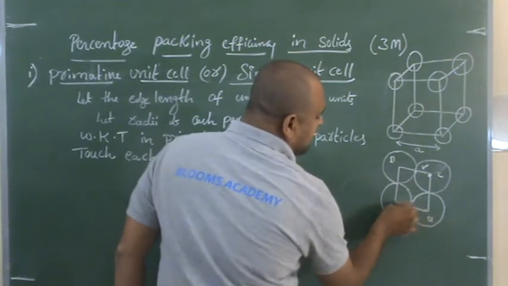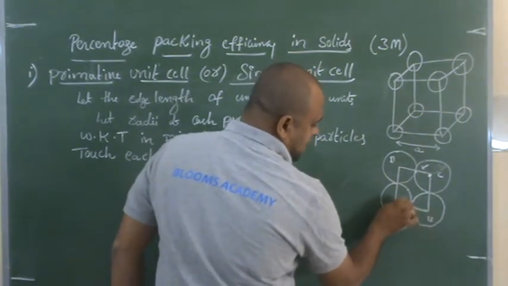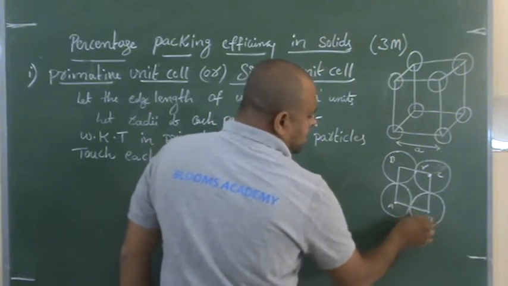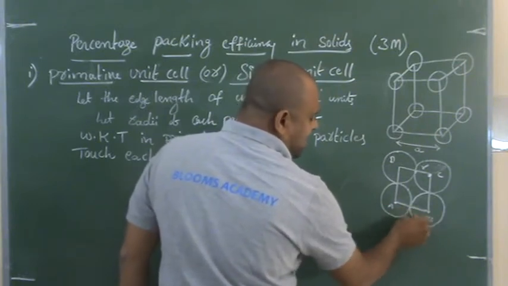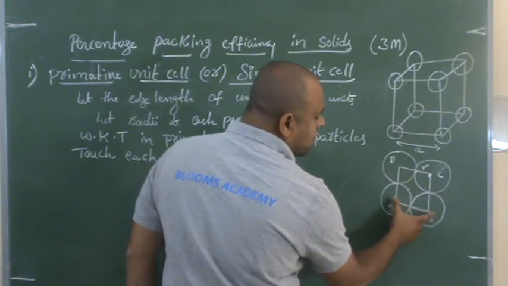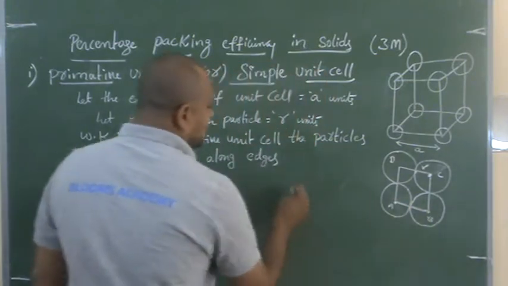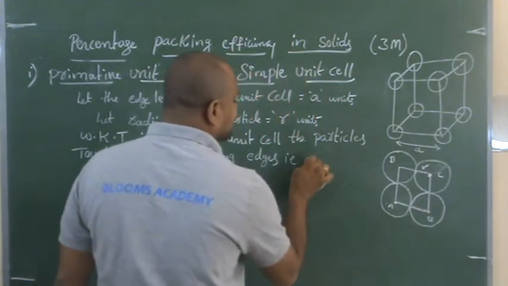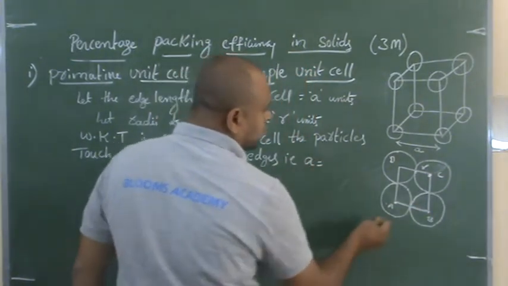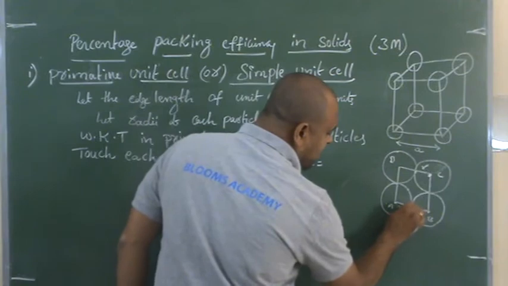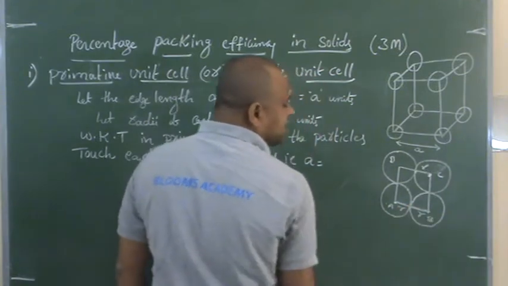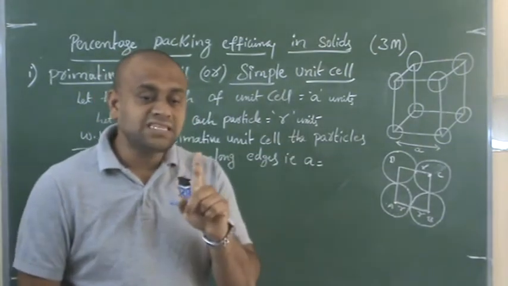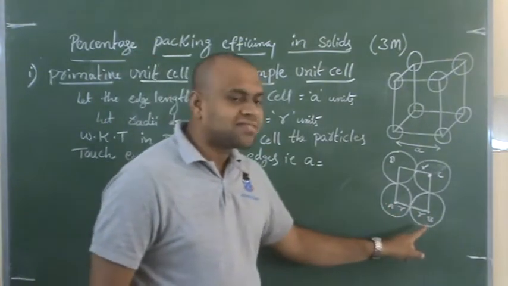See, AB is the edge. These two particles A and B are touching each other along the edge AB, right? Here the length AB is nothing but edge length, that is a is equal to, from here to here r, and from here to here r. So each edge length a is equal to how much? r plus r.